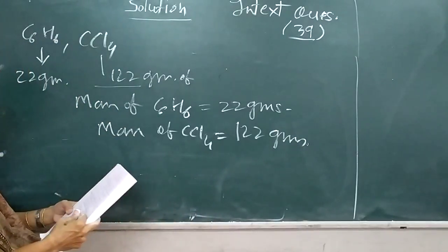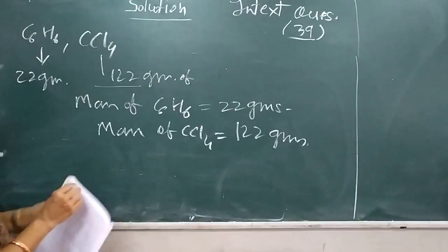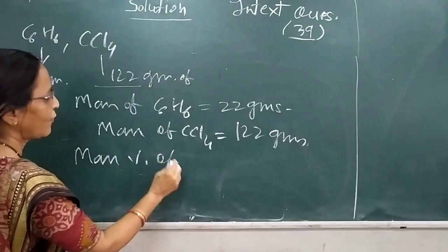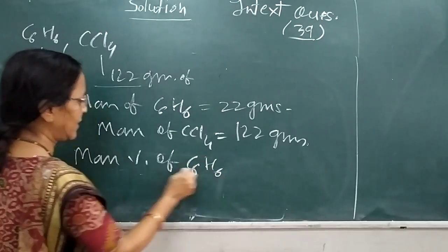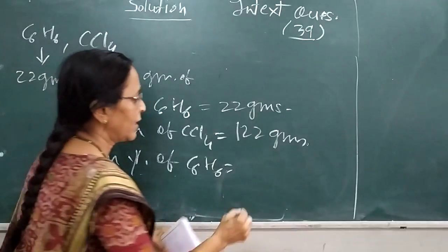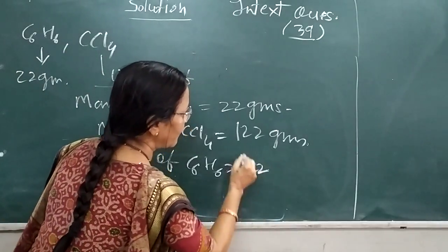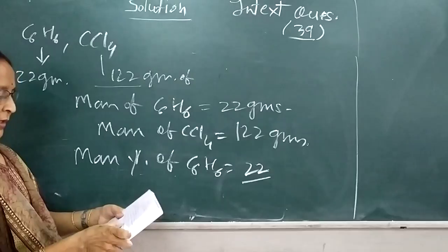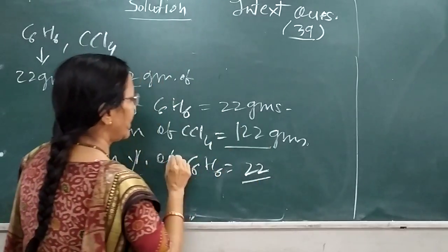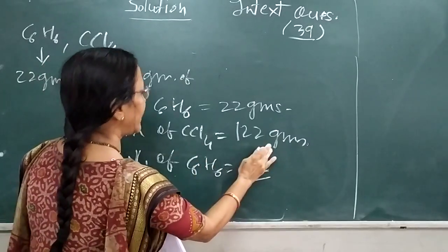Now we have to find the mass percentage of C6H6. Before that, one more step is there, the mass of solution, which I forgot to write.